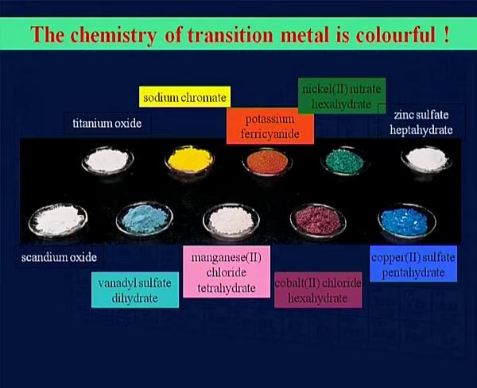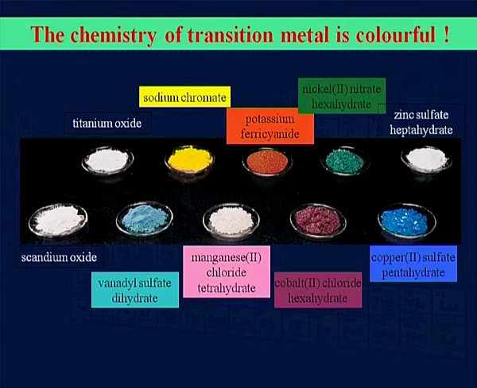You have also seen some metal salts of the transition metal ion in the laboratory. Some of them are colored and some of them are white. For example, scandium oxide is white in color, or zinc sulphate is white in color.